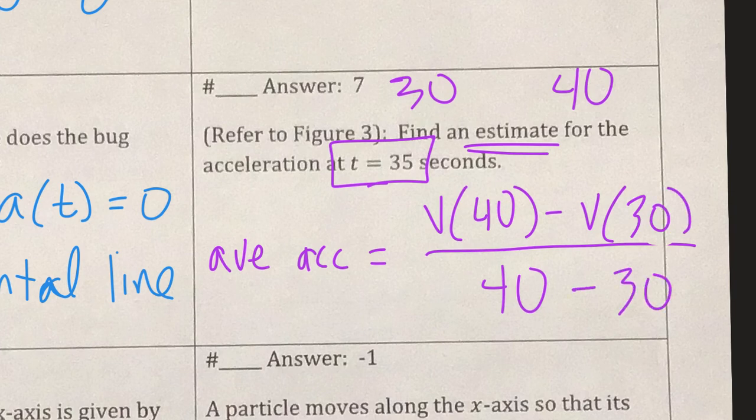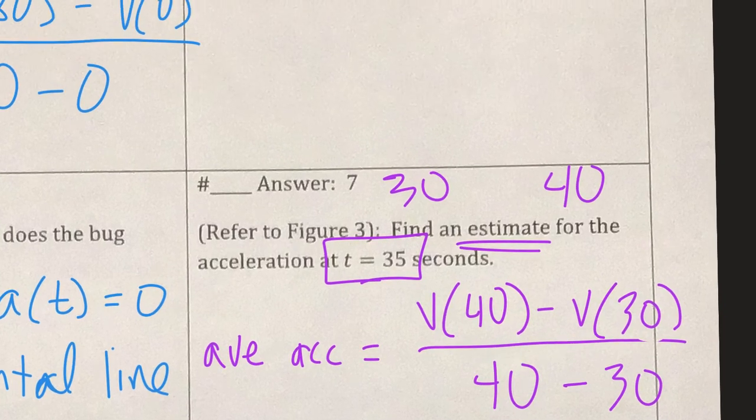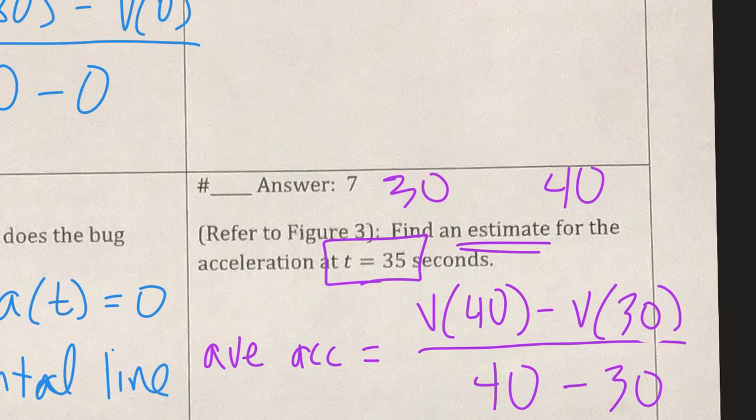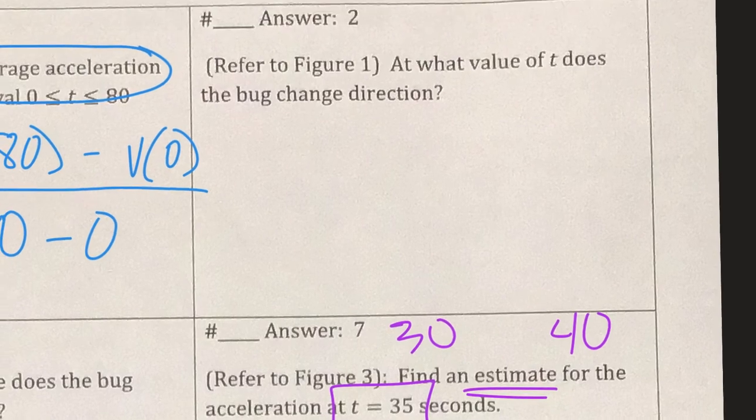This is your average or approximate acceleration, the slope of your velocity. We take those two times around 35 and figure out what that fraction is.